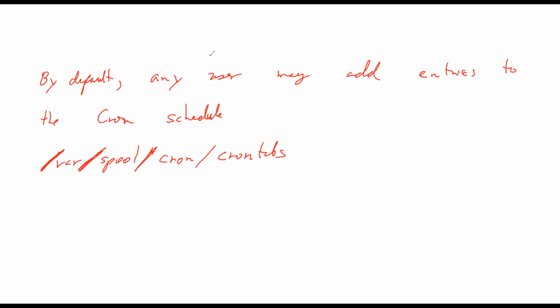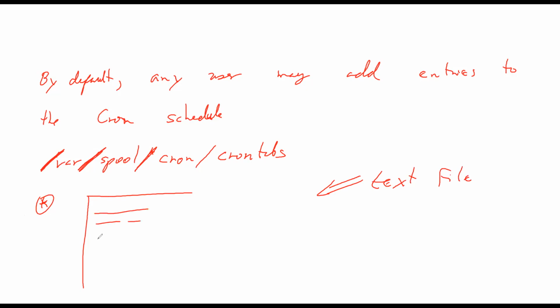So now let's imagine that you've already started the cron utility, so you'll be faced with a text file, and in this text file, you're going to add entries. Every line is an entry related to cron, okay? So that's what we're going to take a look at today.